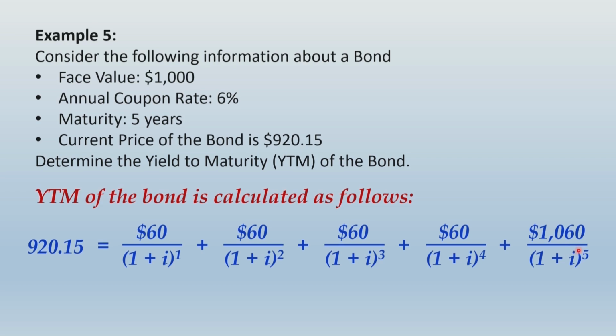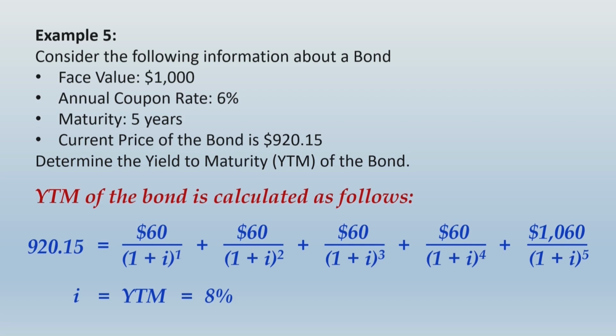Now when you compute this overall present value, it must match with 920.15. So what should be the value of I through this equation? So the value of I, which represents YTM, will be exactly 8%. And how to put it through your financial calculator, I am going to guide you.